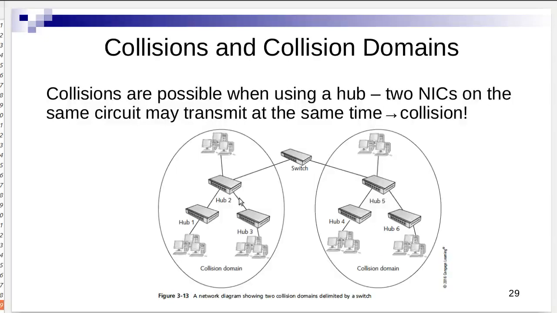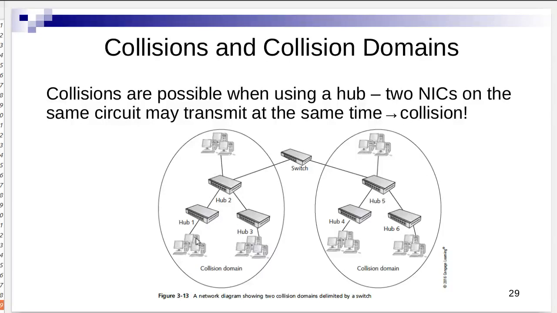So whenever you have a hub, you have a collision domain. That's the important thing: it's possible for 2 computers, 2 stations on the LAN, to send out frames at the same time, and their NICs will detect that. So you have a collision domain over here. Switches do not form part of the collision domain because they use logical switch topology rather than bus topology.